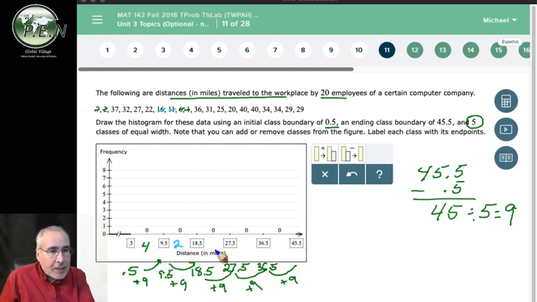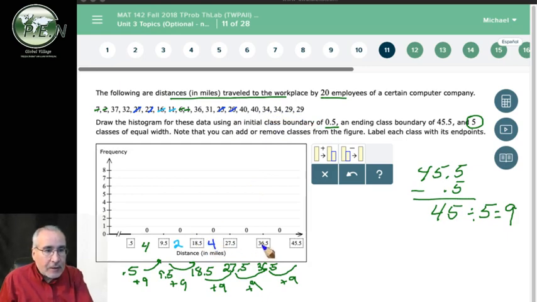And then I'm going to look for 19 to 27. 19 to 27, there we go. So we've got 1, 2, 3, 4. 4 goes into here.